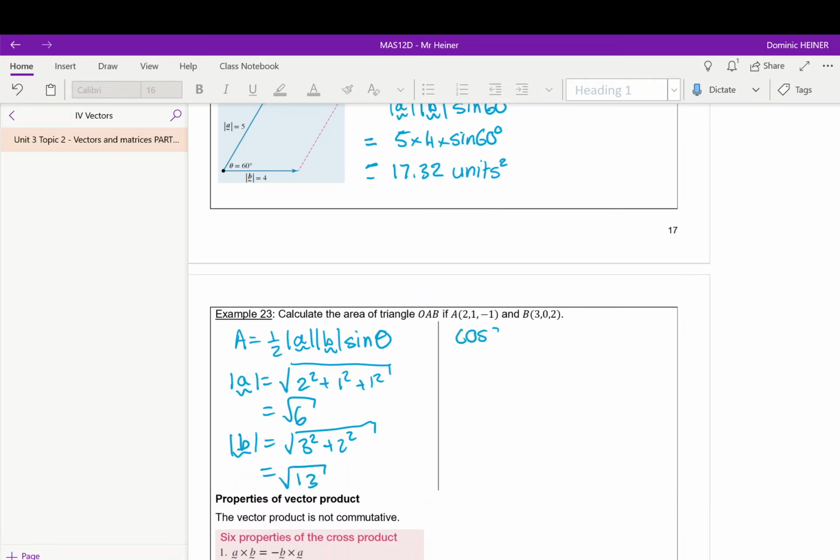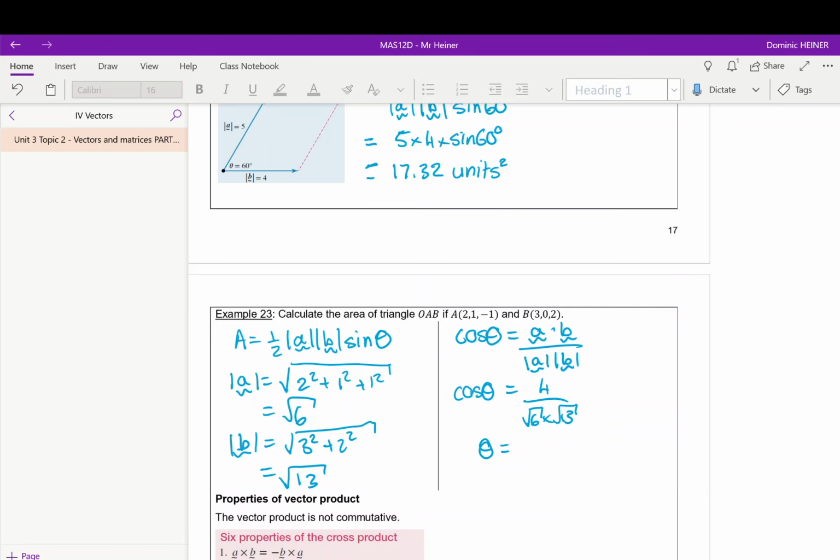So to find cosine of theta, that is going to be the dot product divided by the product of the magnitudes. The dot product for us is 2 times 3 plus negative 1 times 2. So that's 6 minus 2, which is 4, over root 6 times root 13.